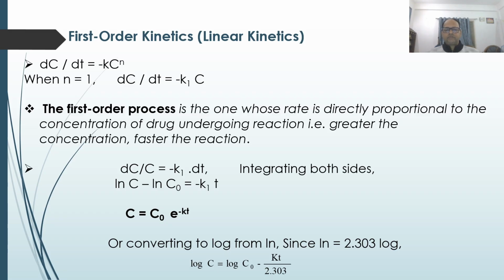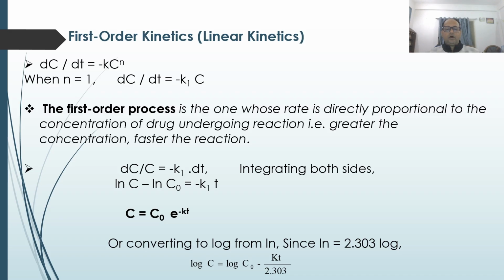Here k1 stands for the first order rate constant, t is time, C0 is the initial drug concentration, and C is the concentration of the drug at time t. If you convert this natural logarithm form to exponential form, the equation will be C is equal to C0 e to the power minus k t. That is an exponential equation.